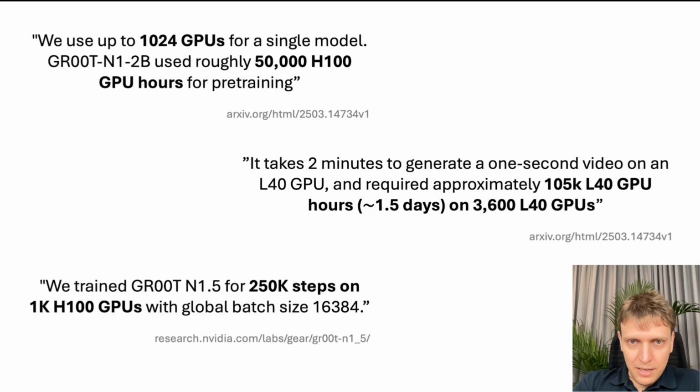In another place, they talk about generation of video, and they say that they used 105,000 L40 GPU hours on 3,600 GPUs. And finally, for N1.5, they trained the model again on 1,000 H100 GPUs with a very huge batch size of more than 16,000. So just to give you a sense of how much data and how much compute you need to pre-train this kind of VLA model.